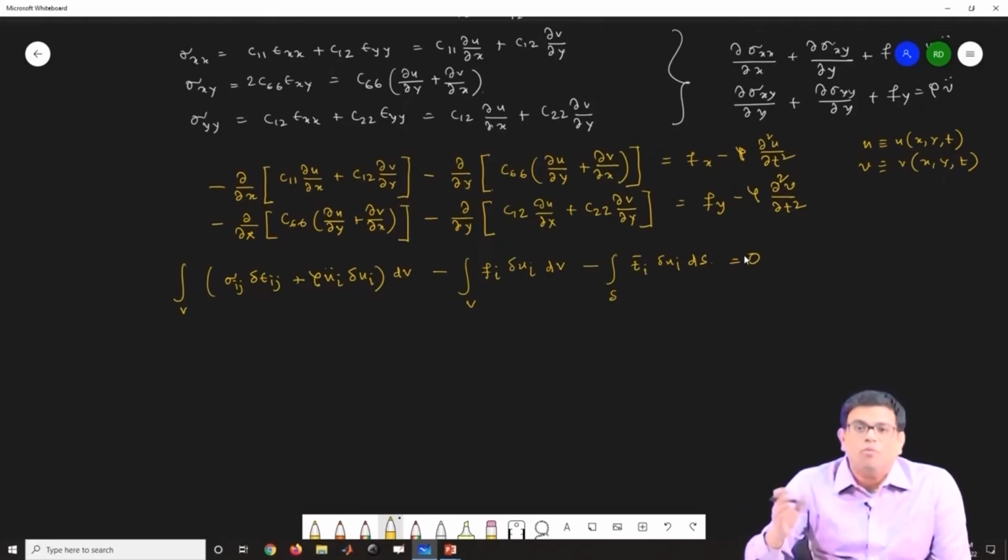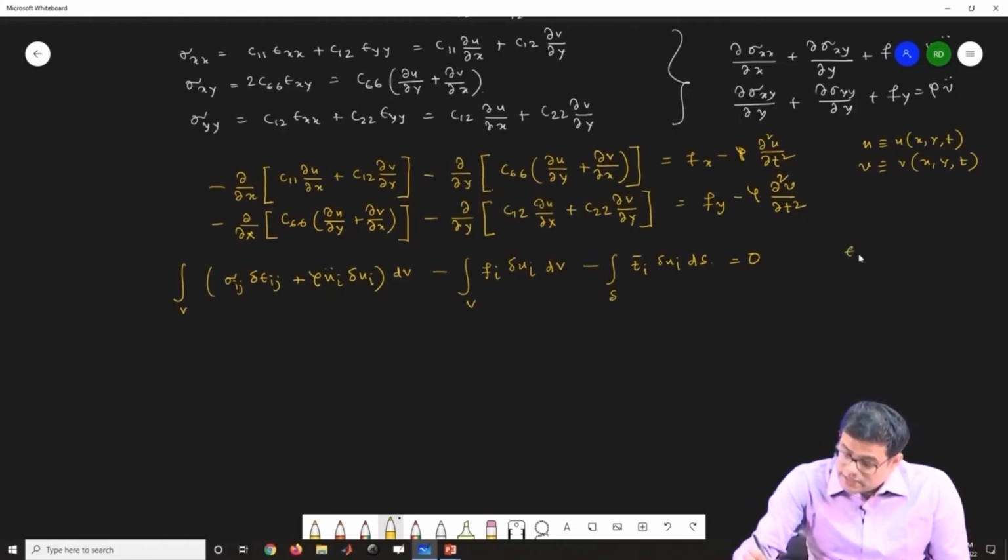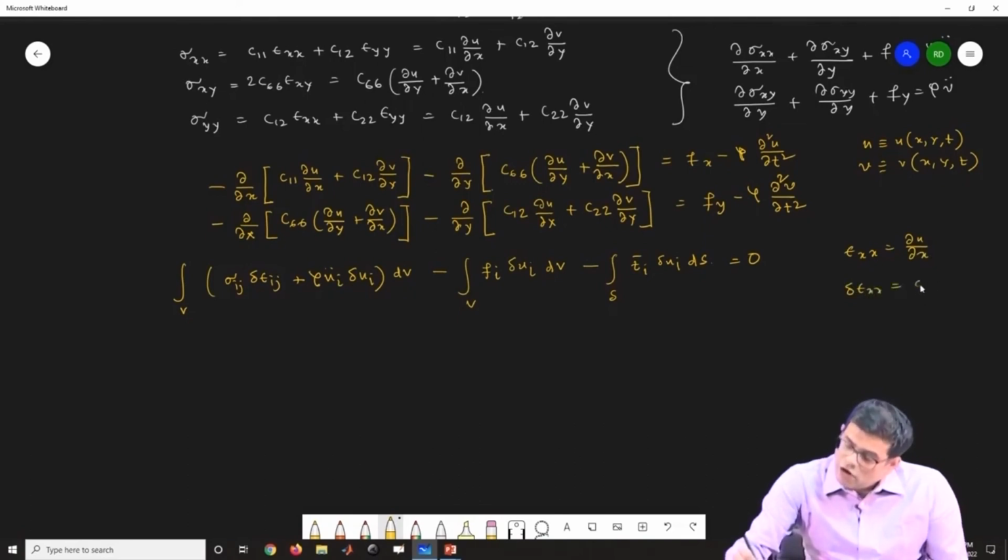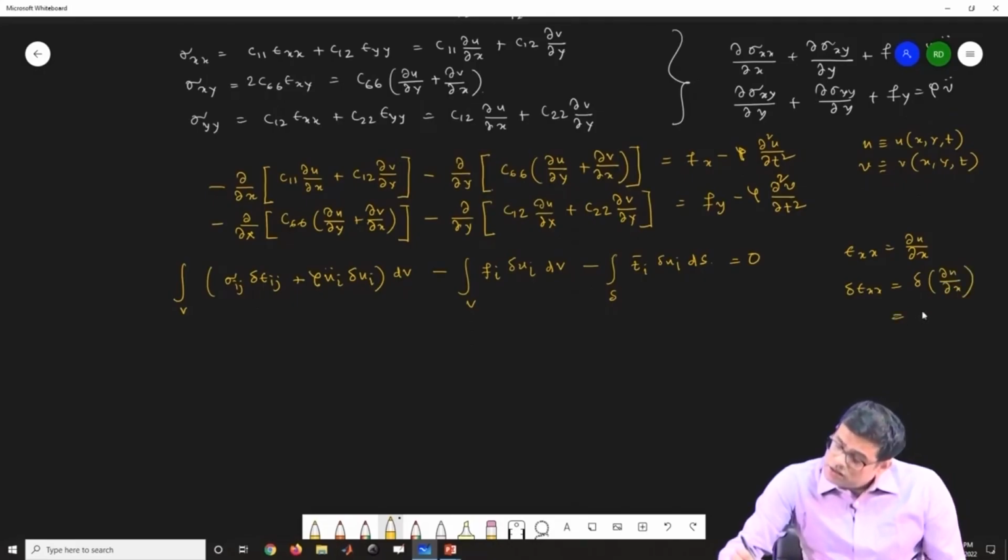So derivatives are commutative, so you can take out the variation. For instance, we have already seen these things. Epsilon xx is del u del x. So simply delta epsilon xx is delta of del u del x. So we can take this as d/dx of delta u.